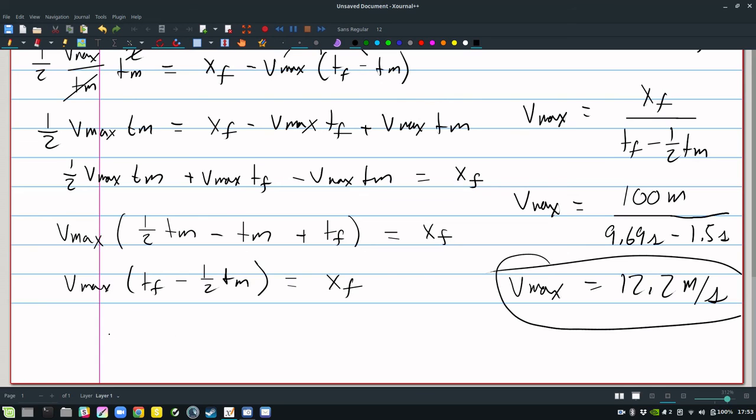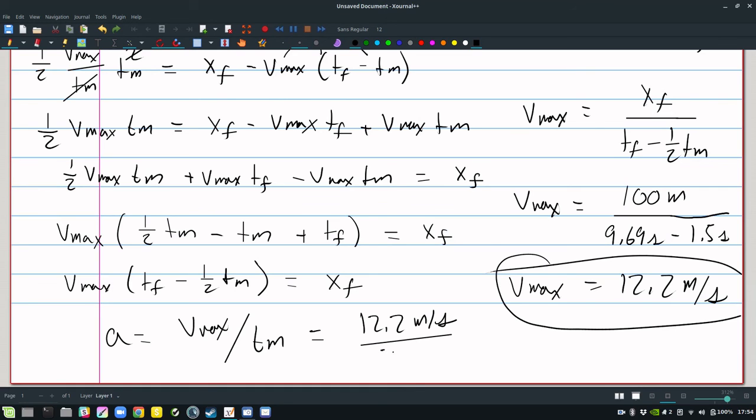The relationship between acceleration and v max is above, and it's just a is equal to v max divided by t middle. We know t middle is 3. So we have 12.2 meters per second divided by 3 seconds.